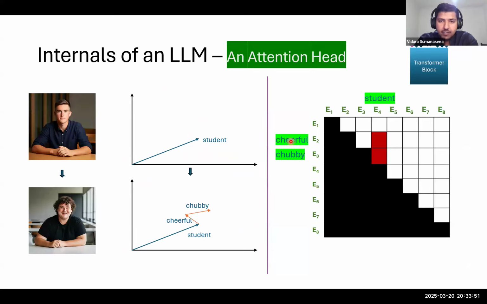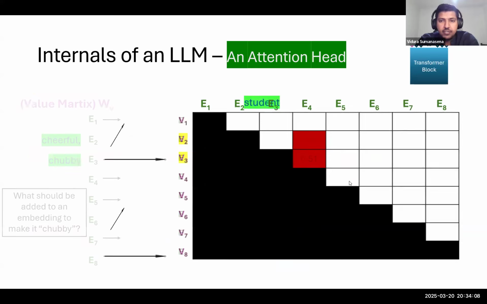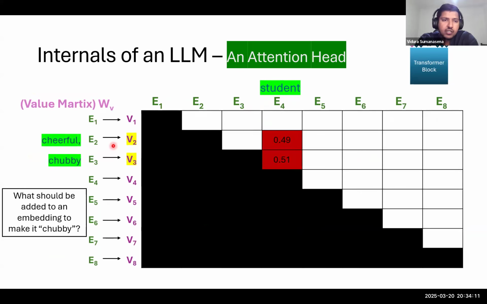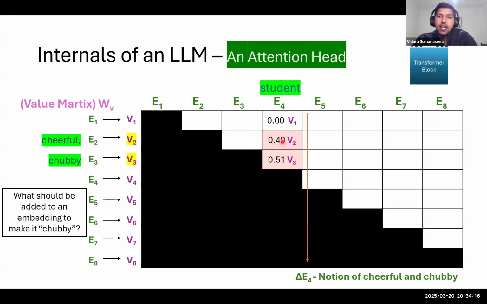And we have already identified that cheerful and chubby are two words that will affect this keyword student. Now our goal is to change this embedding E4 so that it will have these cheerful and chubby notions. How we can do that is to use these as weights and sum them up to give this notion of cheerful and chubby.